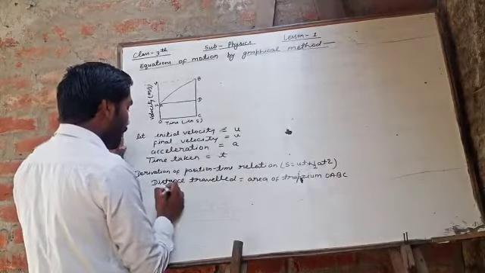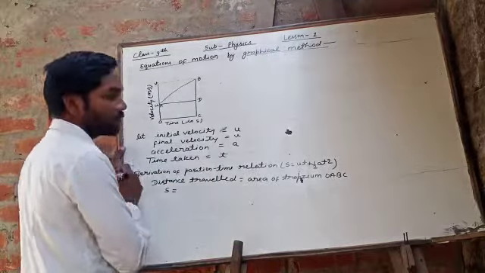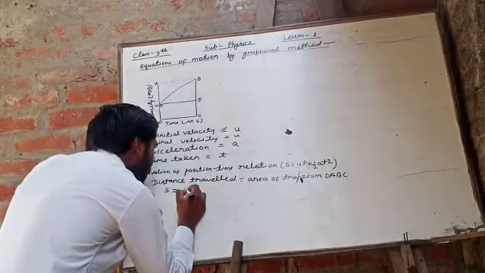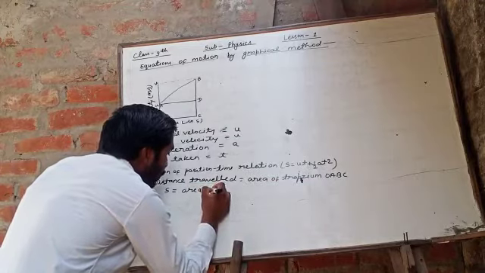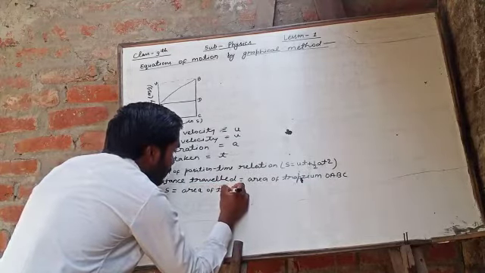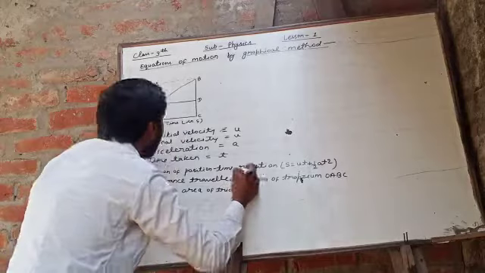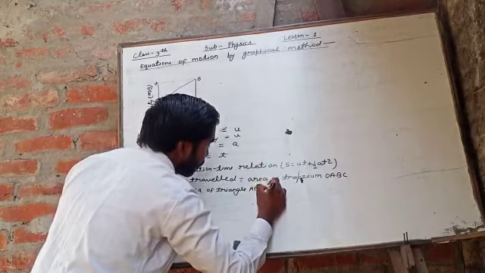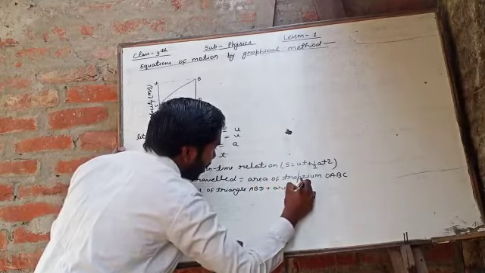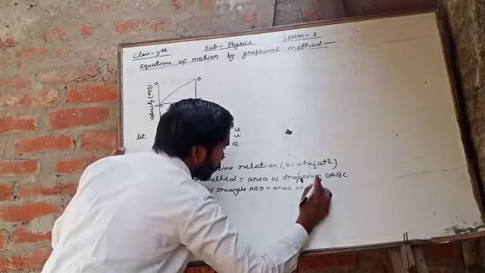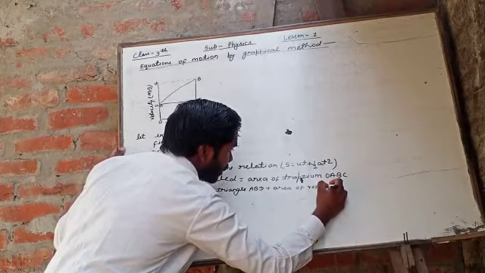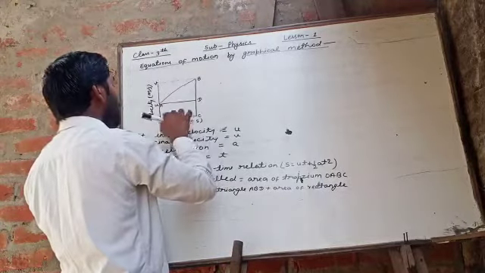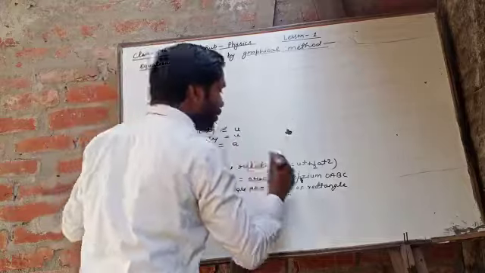So the distance traveled, we write it as S, and the area of trapezium means the area of triangle ABD plus the area of rectangle, this one, ADCO or OADC.